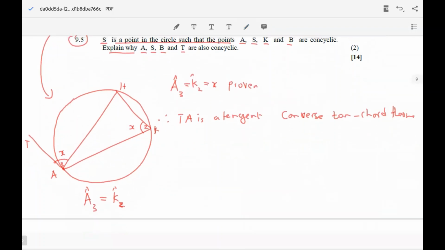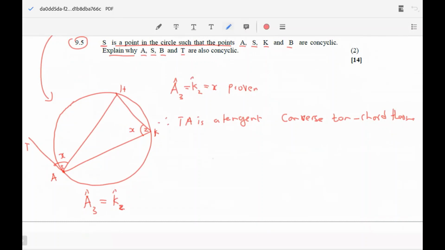So let's just sketch our simple circles here. The first circle shows that A, S, K, and B lie on the same circle.